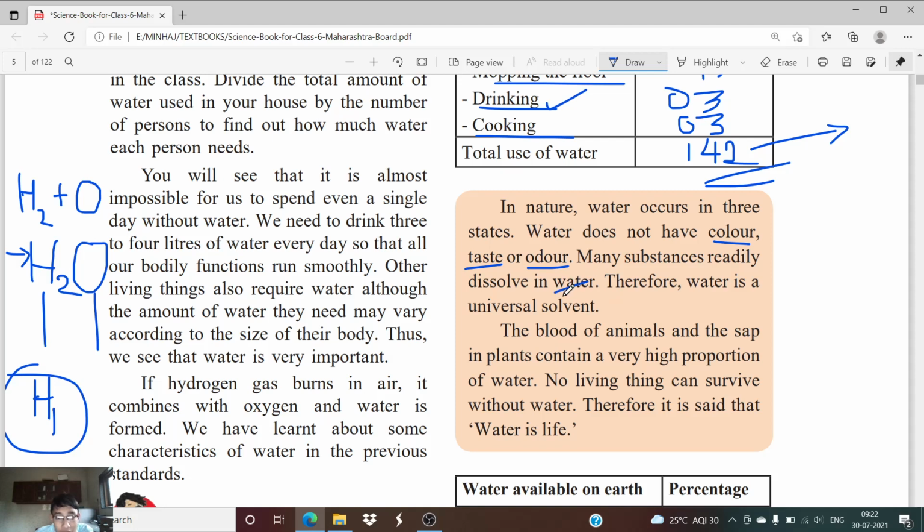So you can dissolve a lot of substances, chemicals in water. So for that reason, water is also called a universal solvent. In a science lab, this particular chemical, that is H2O, water, we use it as a universal solvent.